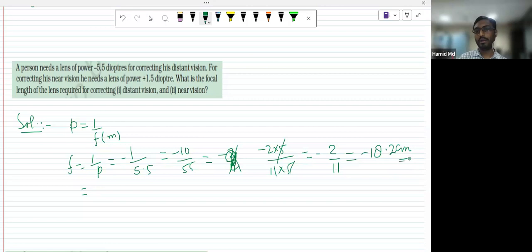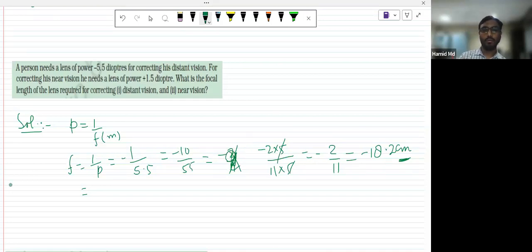Keep in mind that it is changed into centimeters. Otherwise it could be 0.182. So minus 0.1818 meter multiplied by 100 is minus 18.18 centimeter. Is it clear to everybody? Yes, sir.